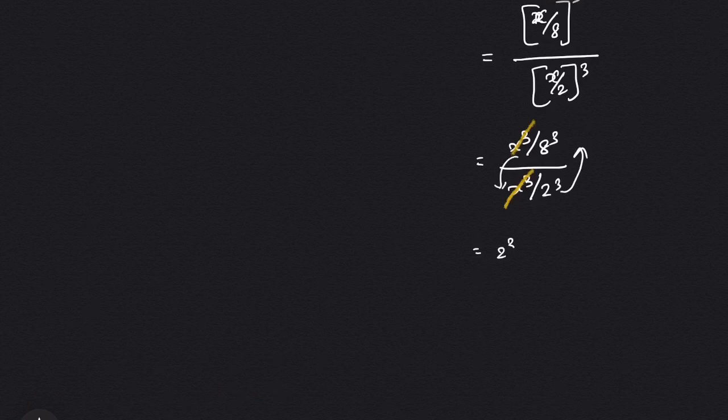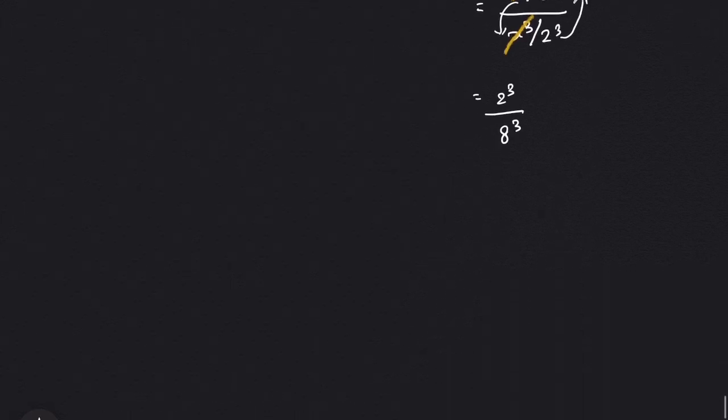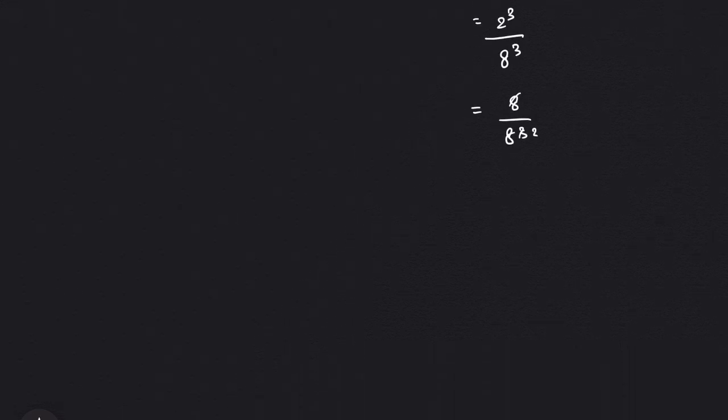So 2 cube divided by 8 cube. So 2 cube is 8 divided by 8 cube. Just cancelling this one, we get the square. So 1 by 8 square. 8 squared is 64. So the final value is 1 upon 64. This is the ratio of the volume of moon and the volume of earth.